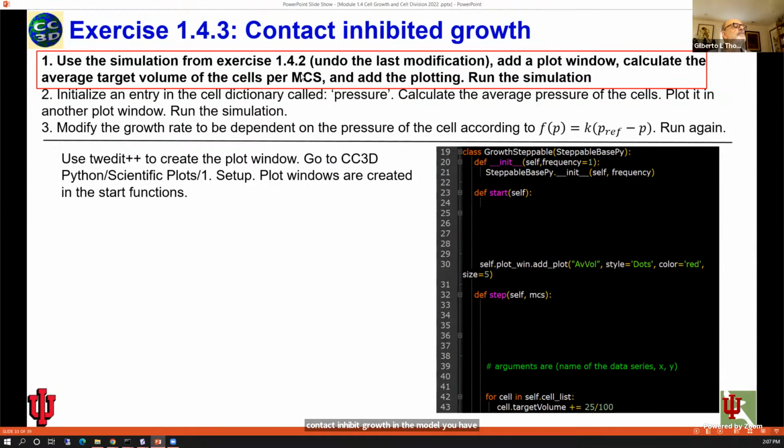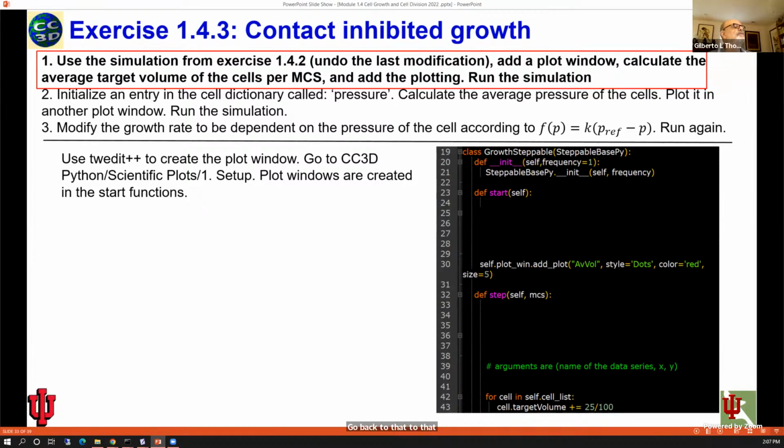Let's start with the previous model. But before you include that rule that only the stem cells can divide, go back to that situation.